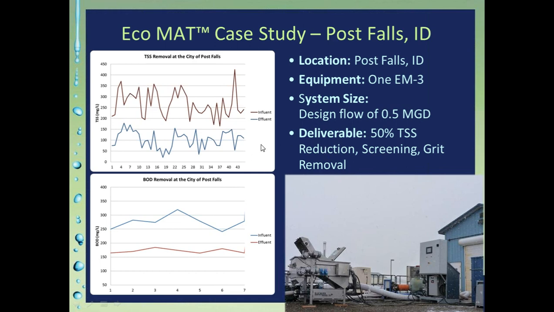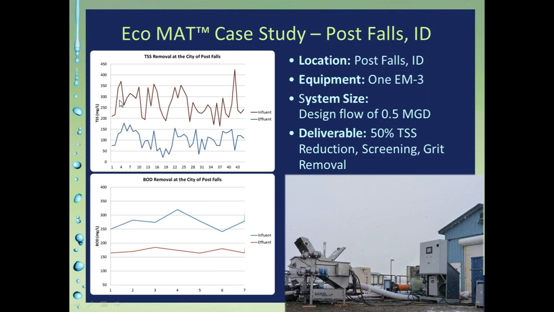On the left-hand side here, you see a chart graphing the TSS removal. So you see the influent TSS averaging in the high 200s. In this particular application, we averaged just over 60% removal of TSS. Another thing I always like to point out is the dampening effect that you see with treatment.